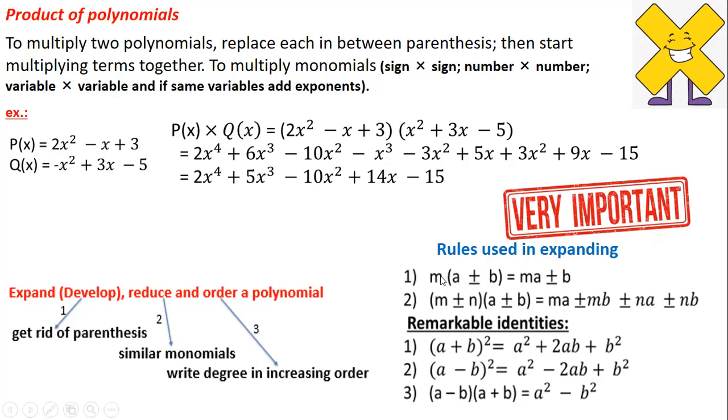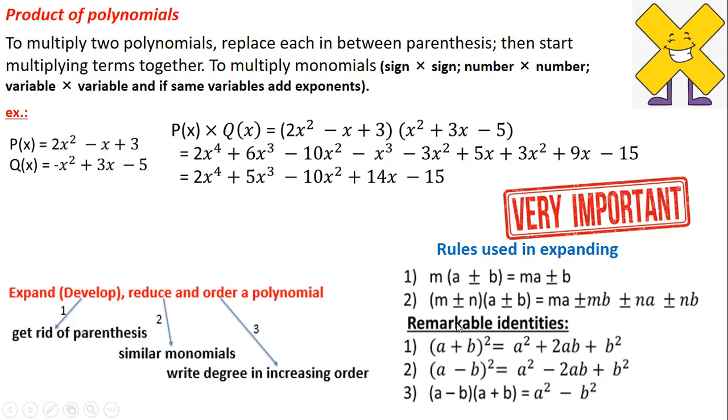We use the rule one for all. Here, if we are multiplying 2 parentheses together, we use the rule all for all. M times A is MA, plus or minus. M times B is MB, plus or minus. N times A is NA, plus or minus. N times B is NB.